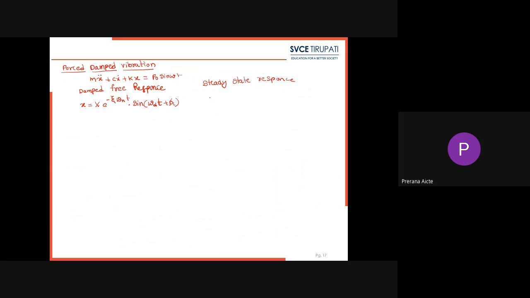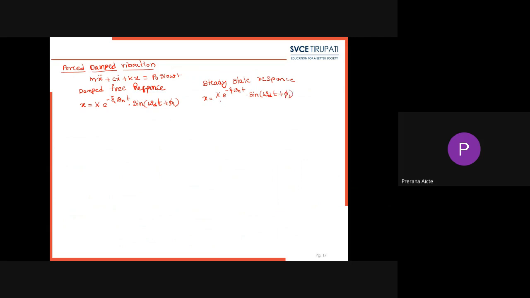And for the steady state, we can give this as x into e power minus damping factor multiplied with the angular velocity multiplied with the time, and then sine of omega t plus phi 1.